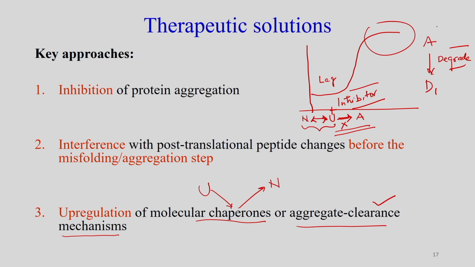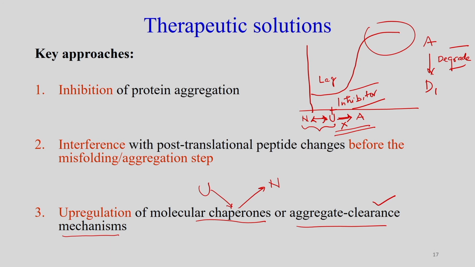One option may be to degrade them, because aggregates are large, ranging from, let us say, 100 nanometers to 1000 nanometers. If you can break them down, the cell might automatically secrete them out to avoid the toxic effect of those aggregates.